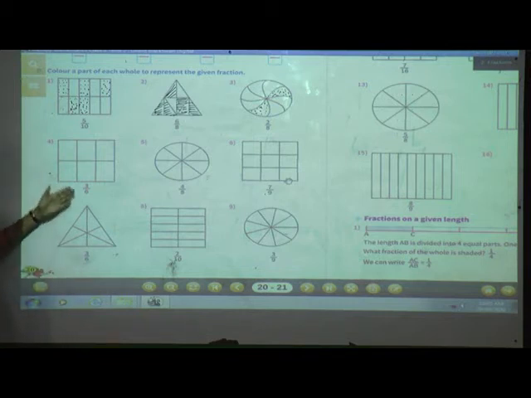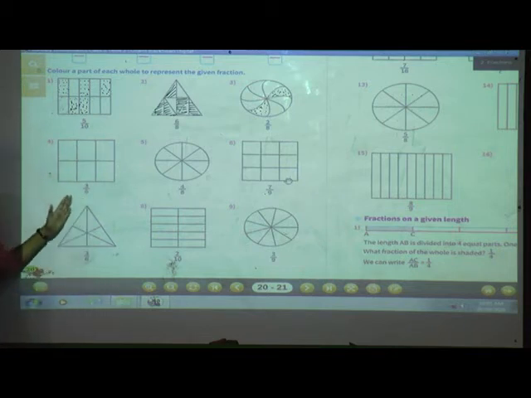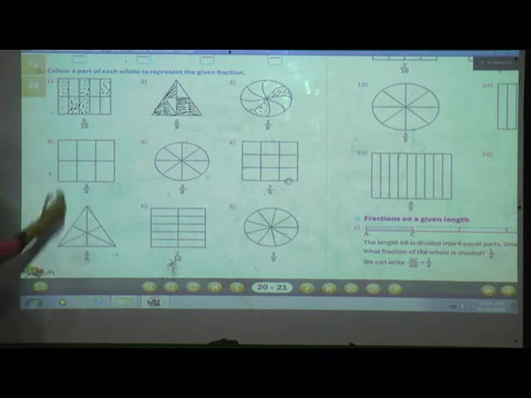See here, the fraction is 3 by 6, means this whole is divided into 6 equal parts, and out of those 6 parts we have to color 3 parts, because the numerator is 3. So let us color 3 parts.